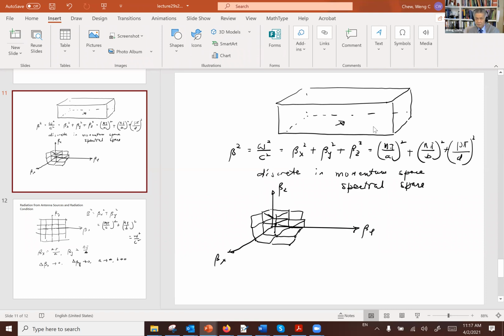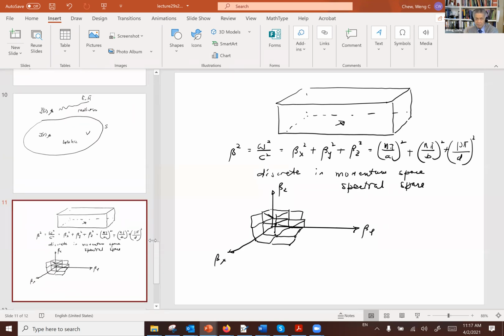So solutions in the cavity are more often than not non-unique, unless you do what? Unless you put in a small amount of loss. If you put in a small amount of loss, as we have proved before, you can guarantee that the solution is unique. But how do you solve this problem then?